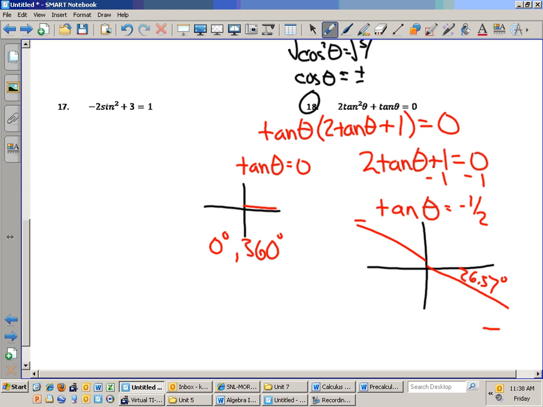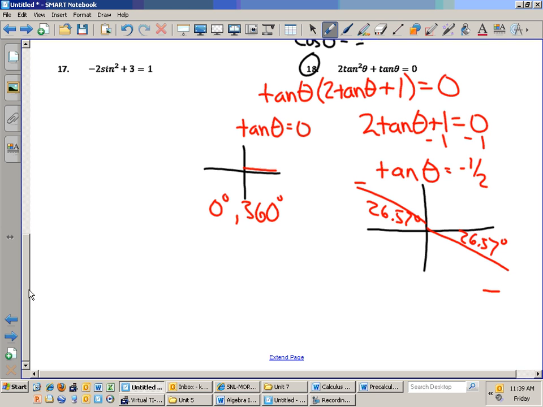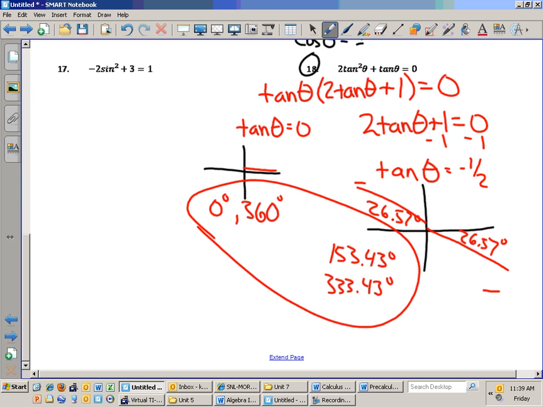The other one will be up here. 180 minus 26.57, 153.43, and 360 minus 26.57. Let's see, 333.43 degrees. So I had 4 solutions there as well.